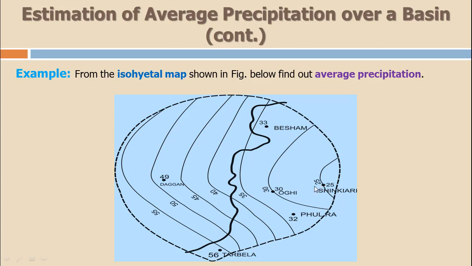Then the average of 25 and 30, and then multiply this average with this area. This will be P2 into A2. Similarly, this goes up to the last 55 and the boundary, and then divided by the whole area, you will get the average precipitation over this catchment.